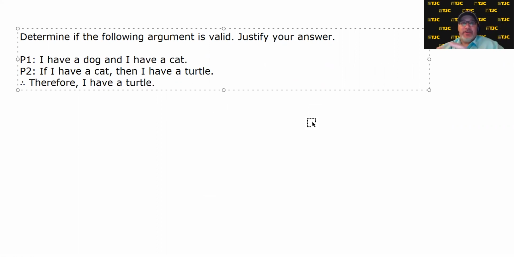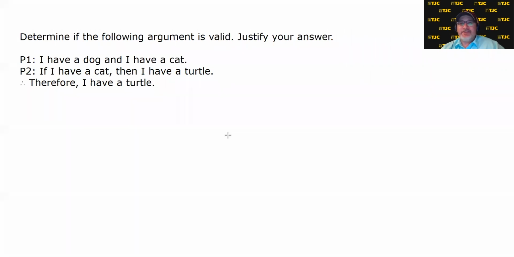All right, so is this a common argument form? Well, let's start identifying the structure by locating pieces, simple statements. Premise 1 is a conjunction: I have a dog and I have a cat. And right out the gate, I can instantly tell that this is not a common argument form.